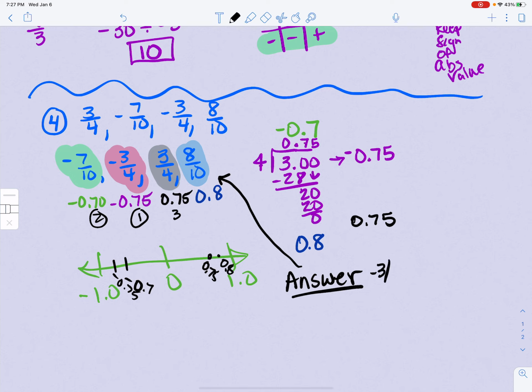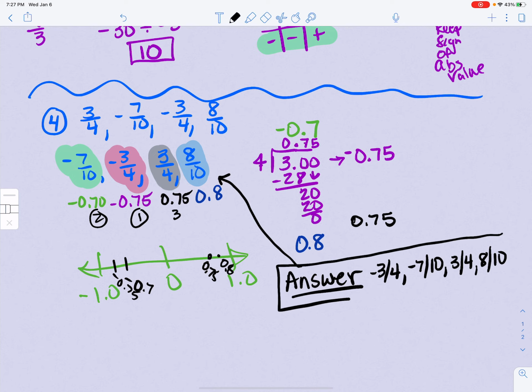Negative 3/4. I don't know why I'm having such a hard time with it. Negative 7/10, then 3/4, then 8/10. Now I have it right. Thank goodness.